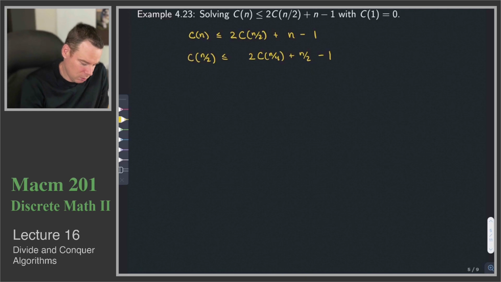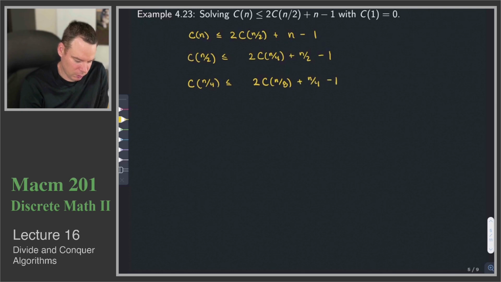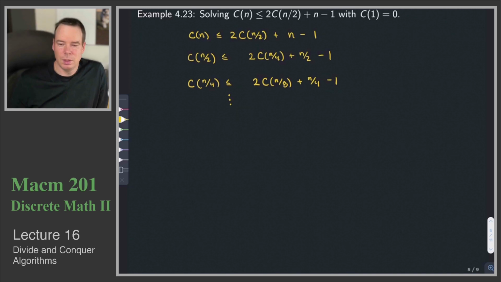And we can continue doing that. We've got C(n/4) is less than or equal to twice C(n/8) plus n/4 minus 1, and so on, all the way down to, well, what are we going to get to in the end?